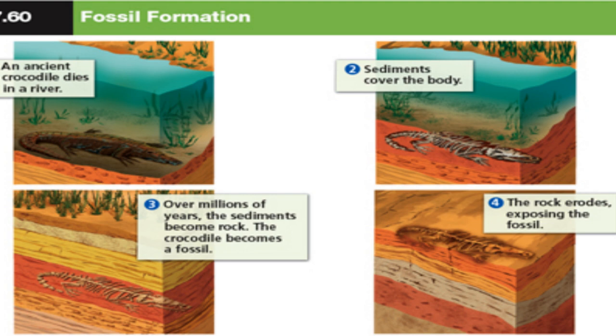For an organism to become a fossil, it undergoes a process called fossilization. Organisms decompose fairly quickly after death, and the degree of decomposition, along with what covers the remains, determines the extent of fossilization.